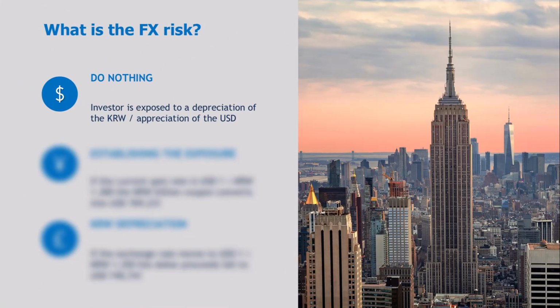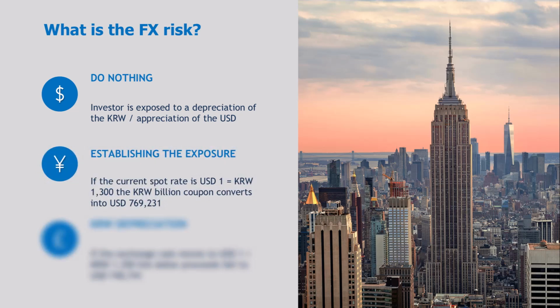The risk of doing nothing and selling the cash flows in the spot market means the investor is exposed to a depreciation of the Korean won and therefore an appreciation of the US dollar. Suppose that the current spot rate is $1 will buy you 1,300 Korean won. The 1 billion Korean won coupon cash flow would therefore convert into $769,231.